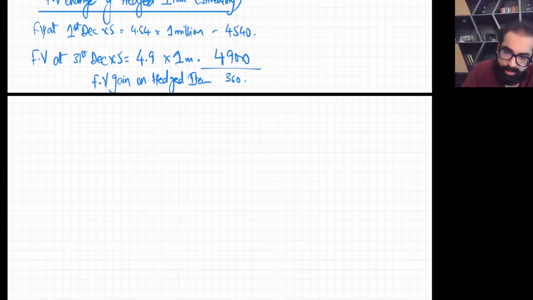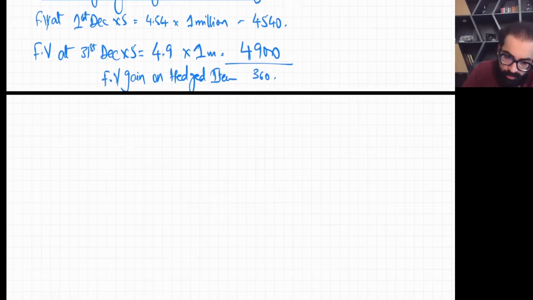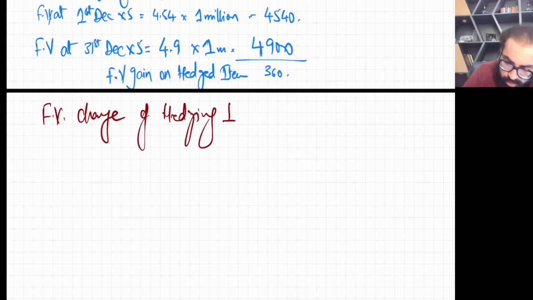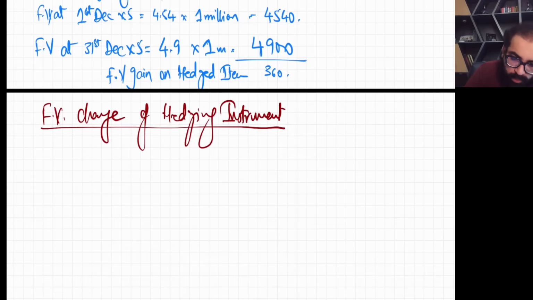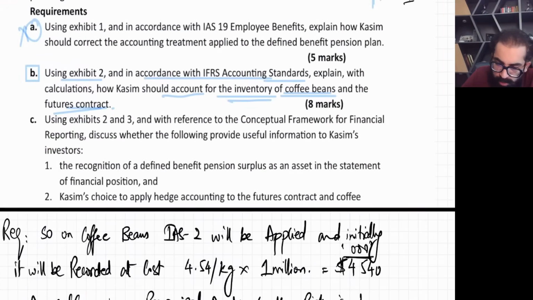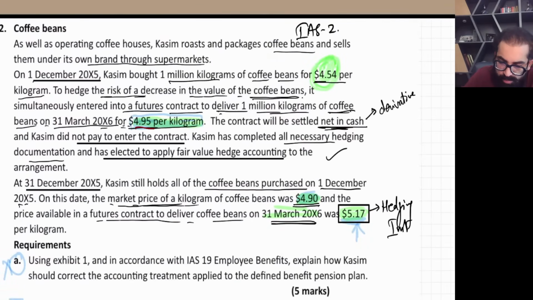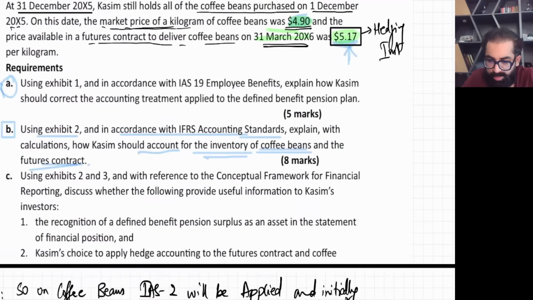Now let's calculate the fair value change of the hedging instrument, that is the derivative, the futures contract. What was the price initially when we entered the contract? The price was 4.95, and then it's 5.17.